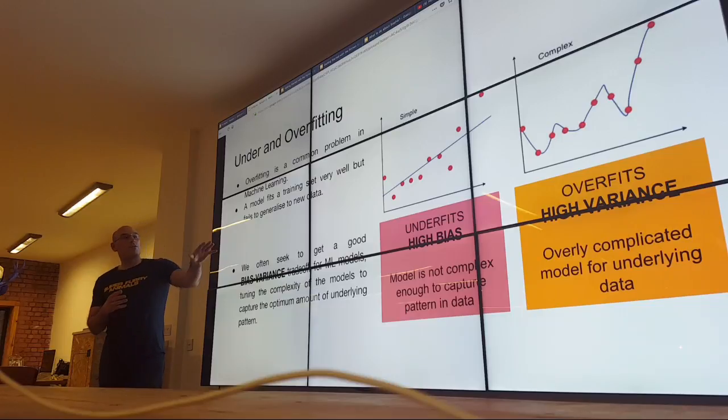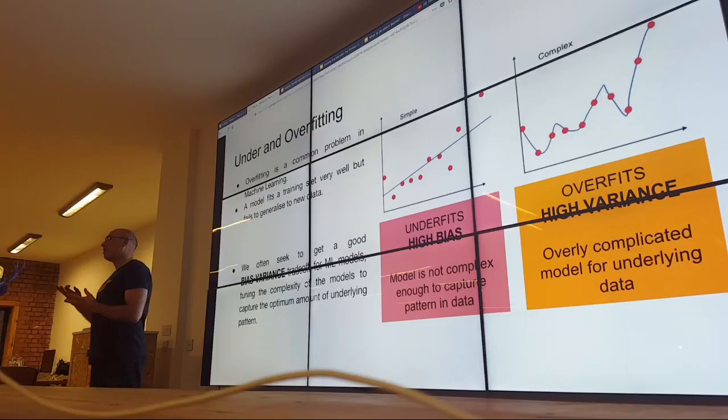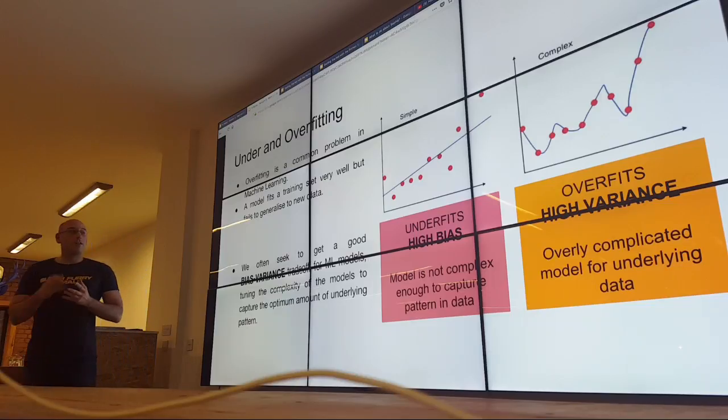So these are two really key concepts that you need to be aware of in machine learning. So underfitting and overfitting. They've both got their own problems, but we need to be aware of them. And very often, we're always trying to trade off and get a good balance between the two of them.